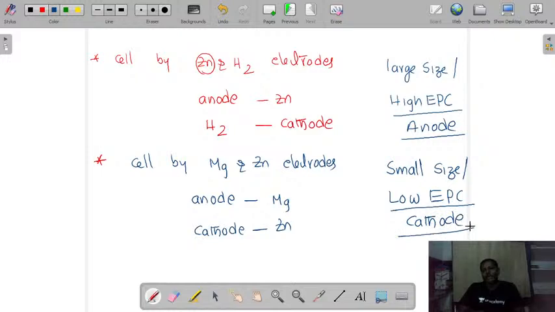Okay, now this is how to identify anode and cathode.